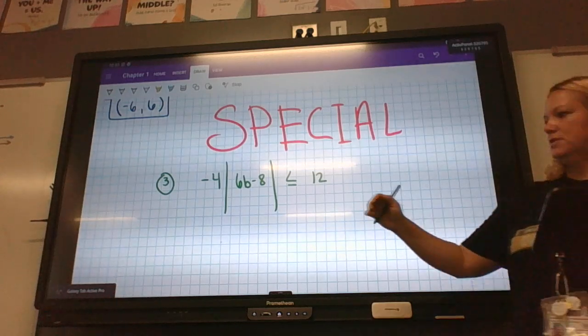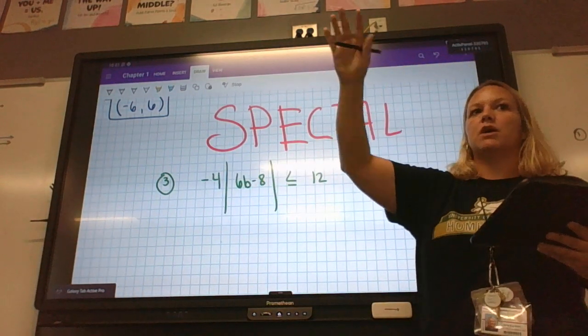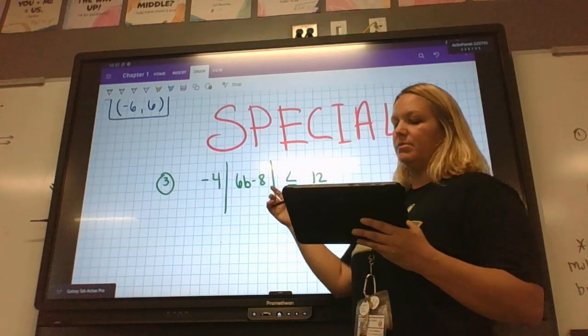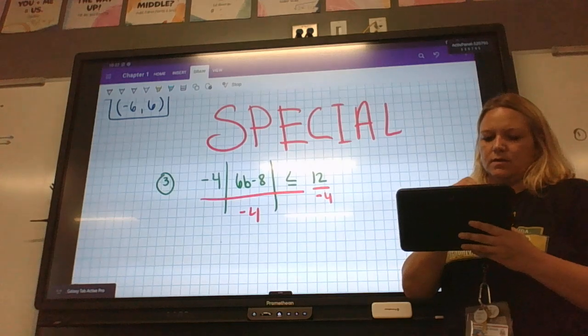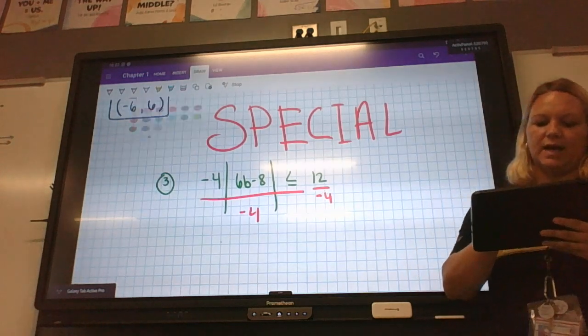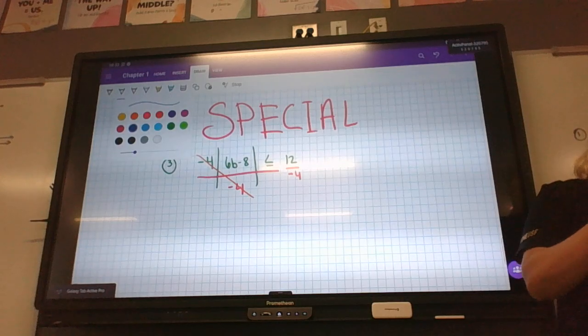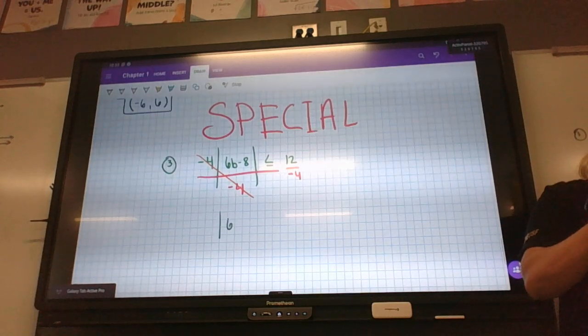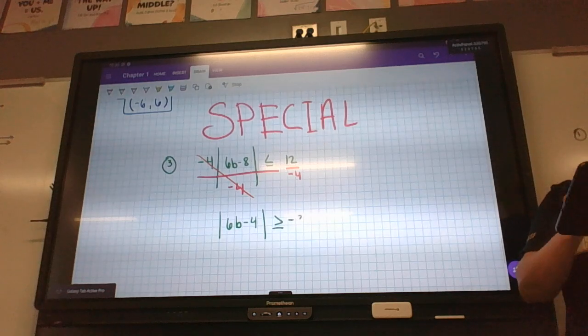First off, there's a number in front, so before I can start my 2 problems, before I can drop the bars, I have to divide by -4. And that has to happen before the bar drop, or it'll mess up that second answer. So now I'm at the absolute value of 6b minus 8 is greater than -3.